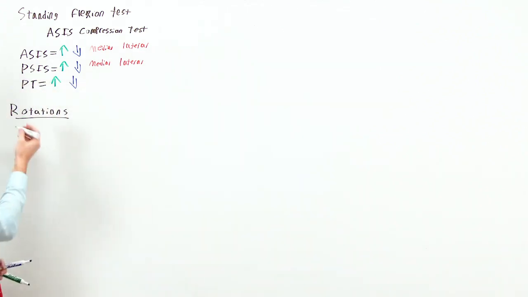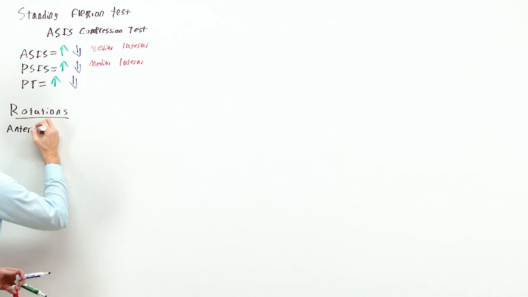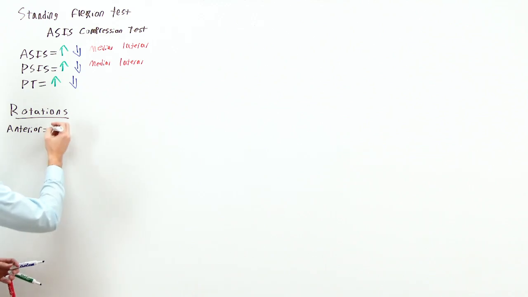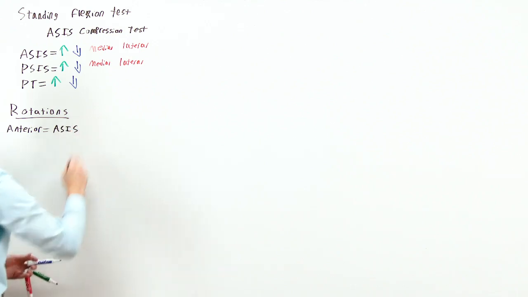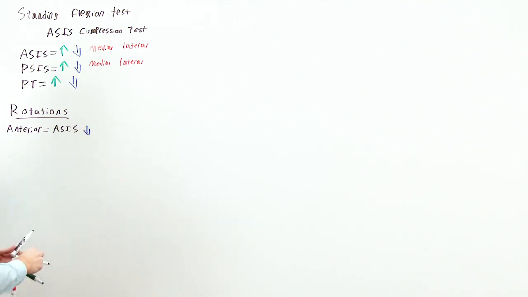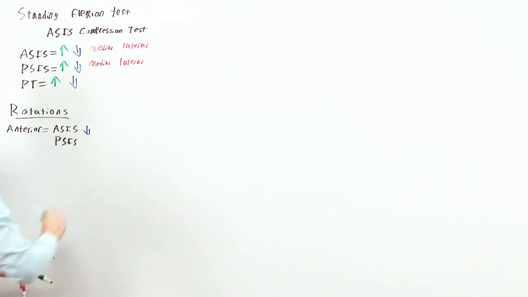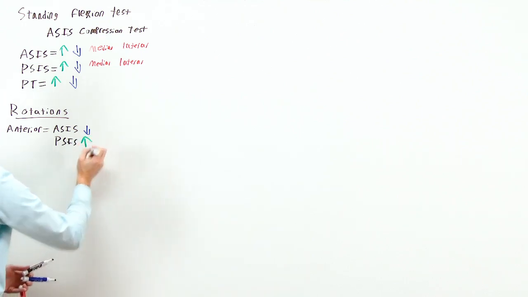So if you have an anterior rotation, you're going to have these landmark findings. Your ASIS is going to be inferior on the side of the standing flexion test. Your PSIS is going to be superior on the side of the standing flexion test.